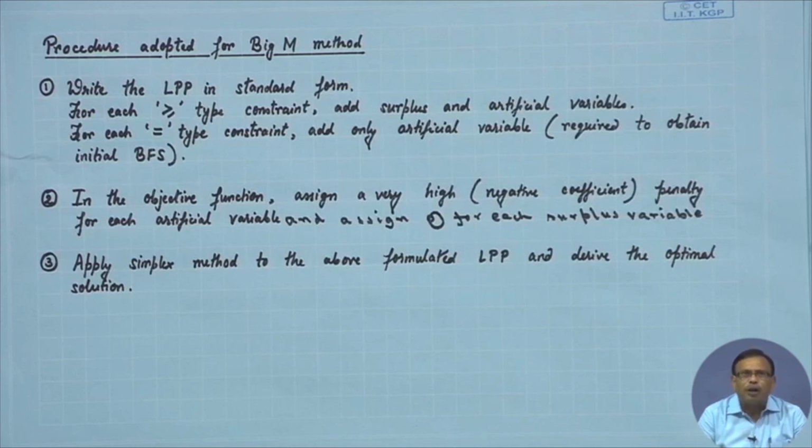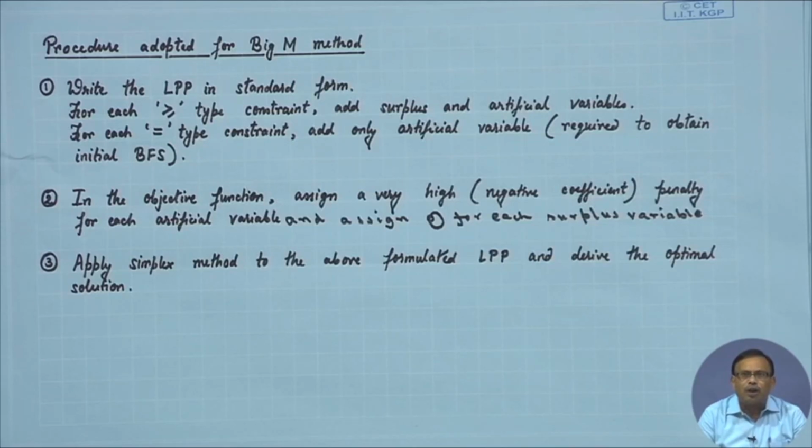In the second step, in the objective function we assign a very high negative coefficient, or very high penalty, for each artificial variable, and assign 0 for each slack and surplus variable.